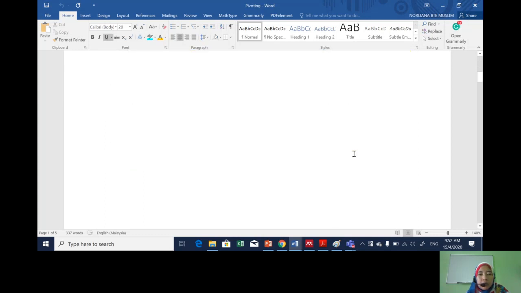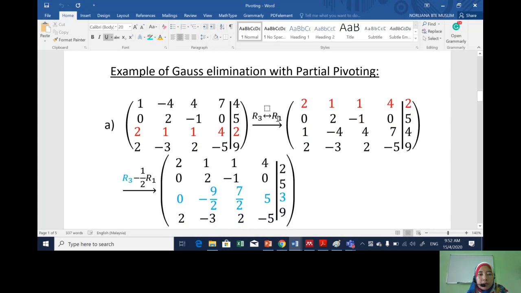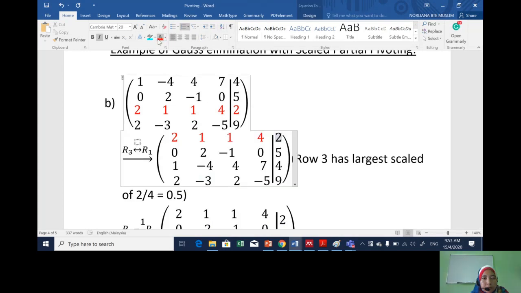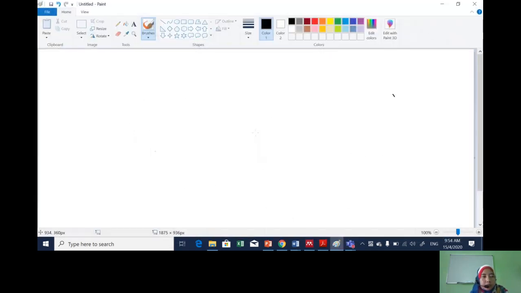Let's consider the same matrices that we have in Gauss elimination with partial pivoting. I'm going to explain the first matrix. This is the original matrix.